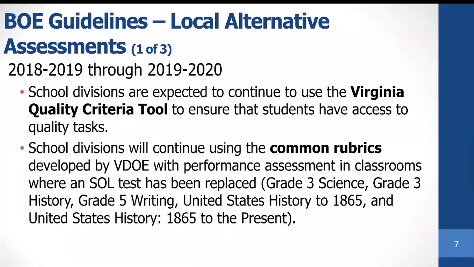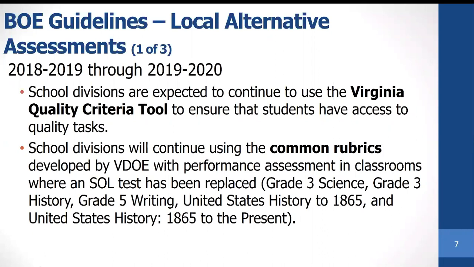So some guidelines were released surrounding those local alternative assessments and balanced assessment plans. And again, this is pretty wide open. The point was to allow divisions to innovate and really come up with a plan that was going to fit their specific needs and allow them to assess their students in a way that was meaningful to them.